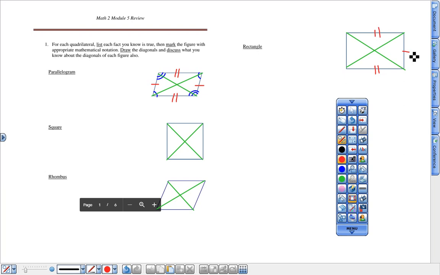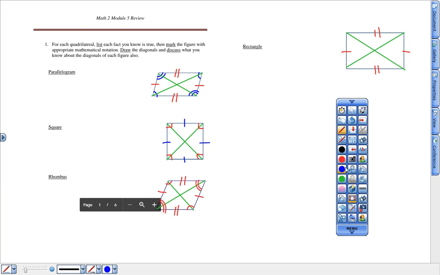A rectangle has equal sides, but only opposite sides are equal, these two and these two. A square has all equal sides all the way around. You could draw those symbols. A square has four right angles shown by a square symbol right there. These are equal. This angle is equal to this angle, and this angle is equal to this one over here.